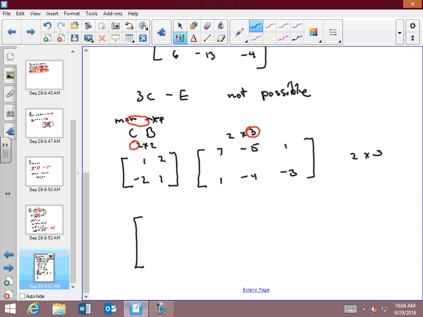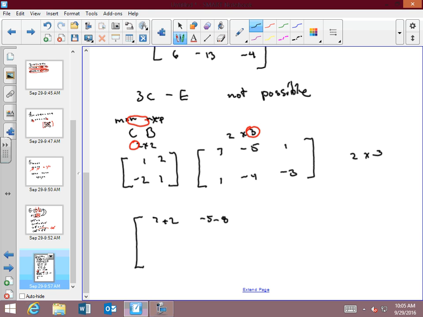So for this first one right up here in the top, I multiply the row times the column. So it's 7 plus 2, right? And I'm going to go across. And the next one, it's a minus 5 minus 8.